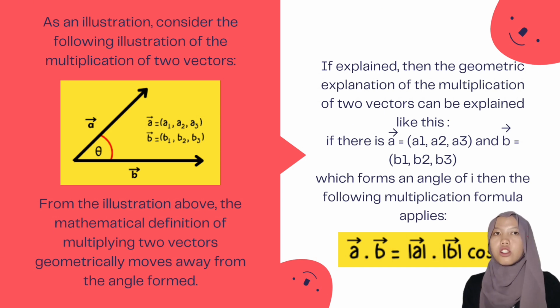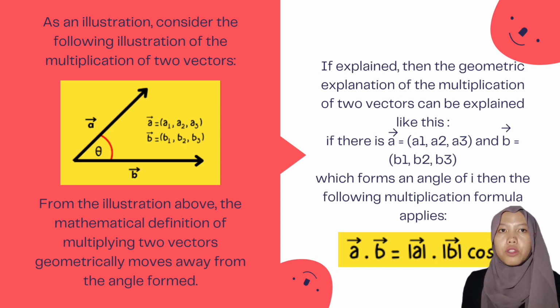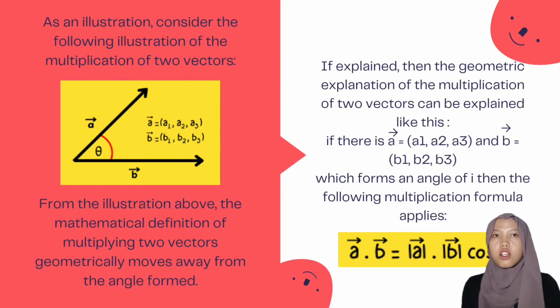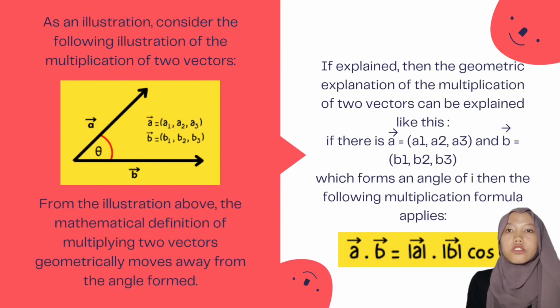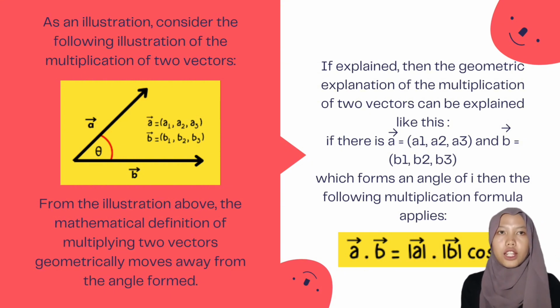As you can see in this picture, the mathematical definition of multiplying two vectors geometrically moves away from the angle format. The geometric explanation of the multiplication of two vectors can be explained like this.